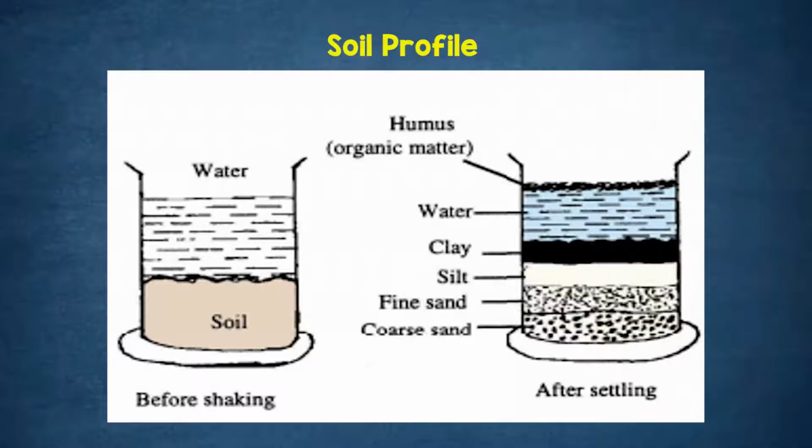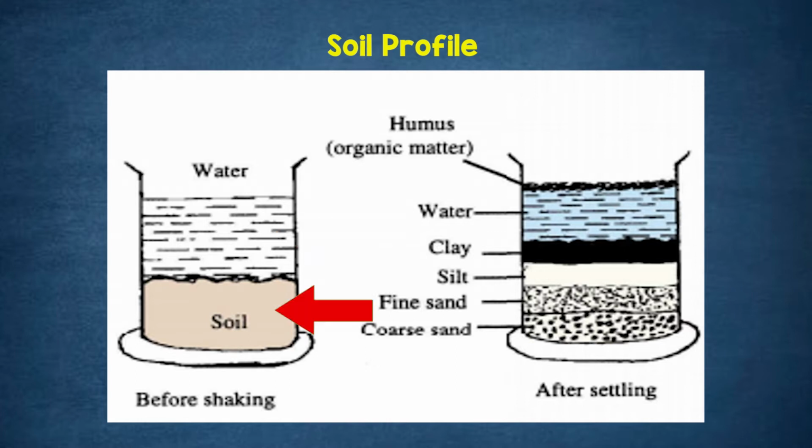Take a look. As you can see here, boys and girls, you have before shaking and after settling. Now, look at the part that says before shaking. You can see two components of that beaker, the solution that we have there. You have water, and at the bottom, you can see the soil.